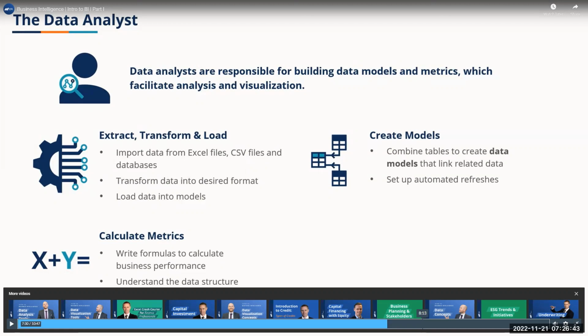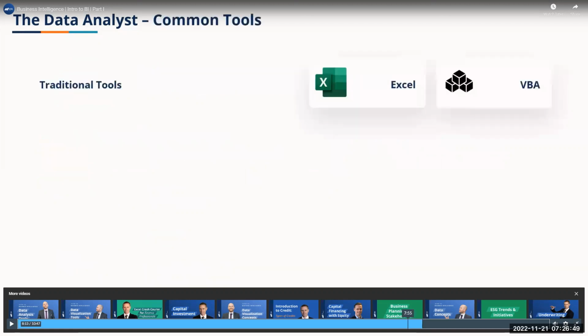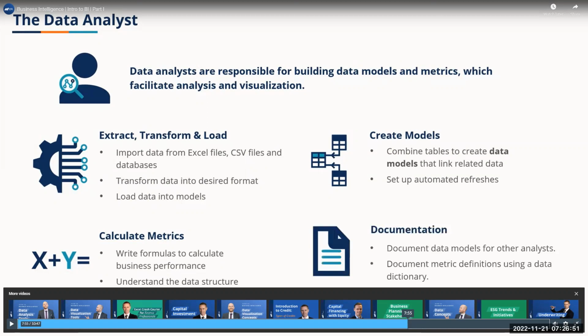As you extract, calculate, and model, you document it, so that everybody knows where you're leading to, to make the best business decision. So that's kind of how business intelligence works.